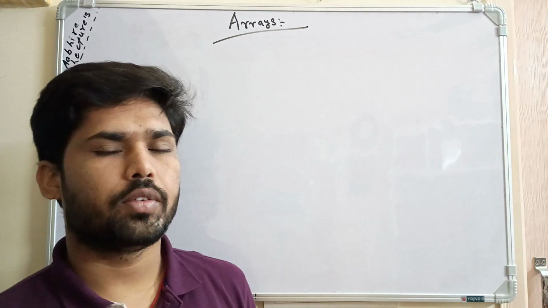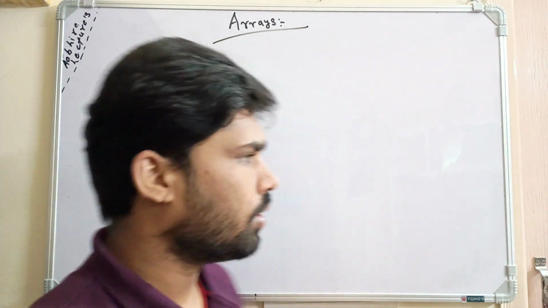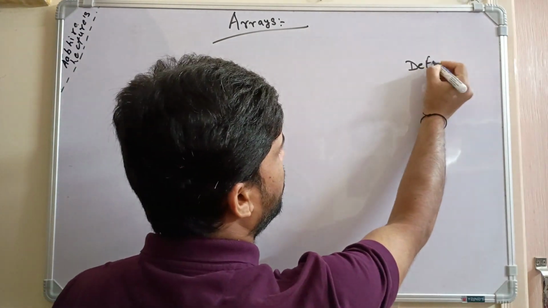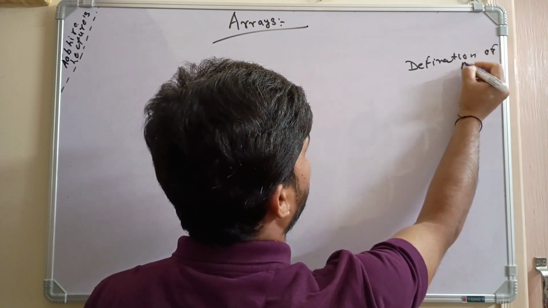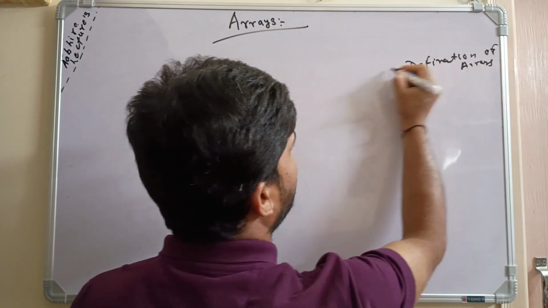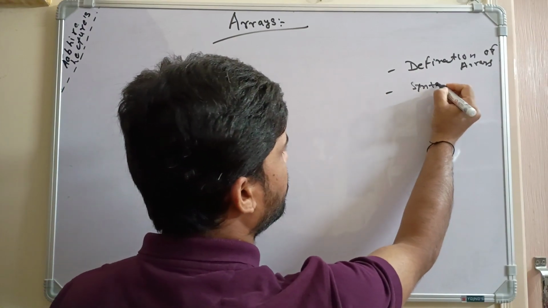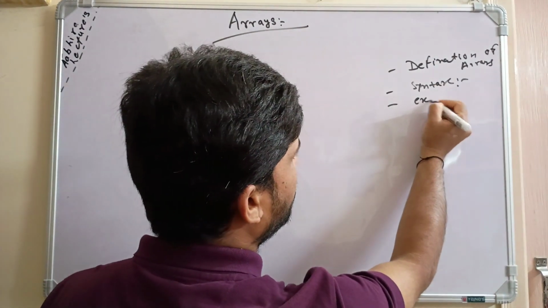So in this video today we are going to discuss arrays. What we are going to see in this video today: first of all, the definition of array. Next we will see syntax. Then we will take some examples.